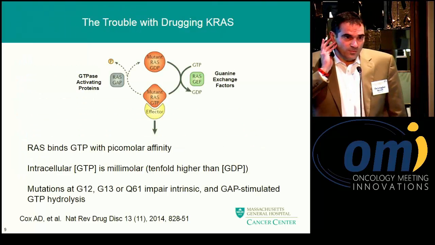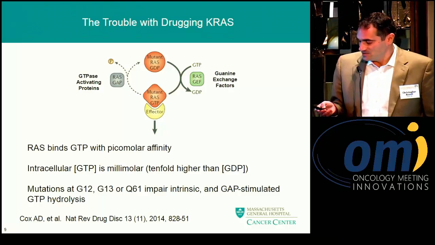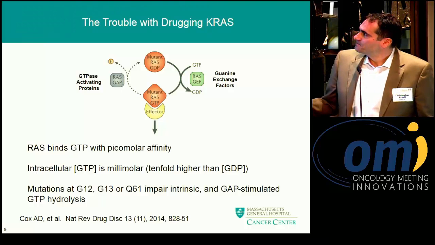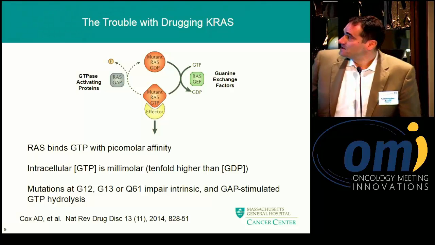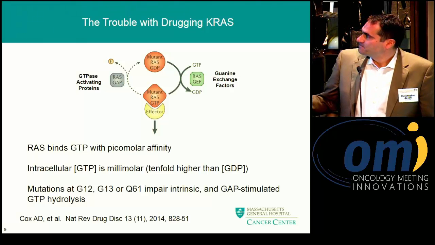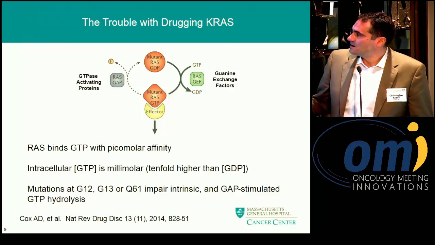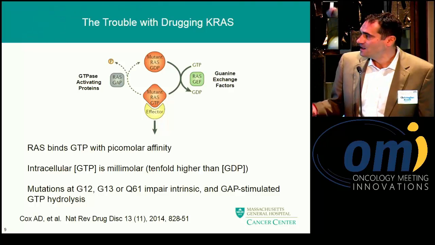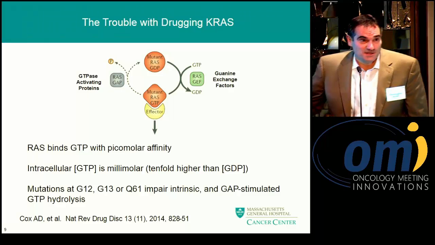But the trouble with drugging KRAS, at least with direct inhibitors, is that this is the active RAS GTPase bound to GTP and active binding to downstream effectors. This binding of GTP to RAS occurs with picomolar affinity. It just happens automatically inside the cell, and GTP is in millimolar concentration inside the cell.